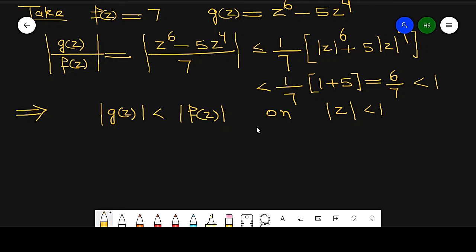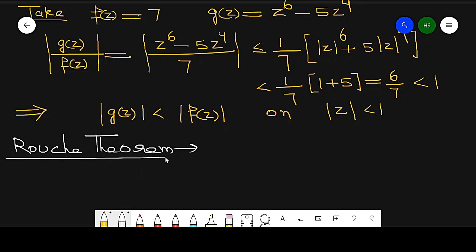Now both the functions f(z) and g(z) are analytic, since one is a polynomial and the other is a constant. If both functions are analytic, they satisfy all the conditions of Rouche's theorem.